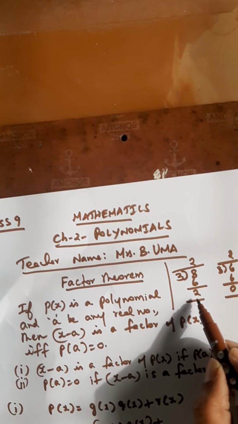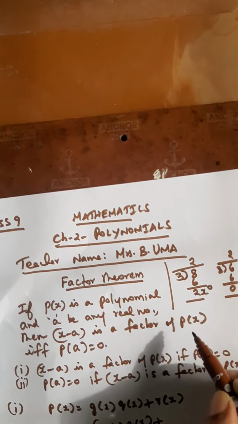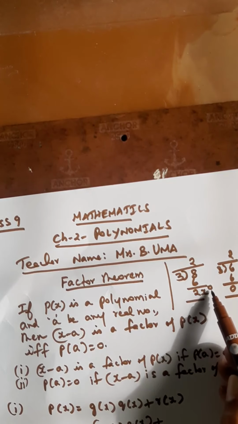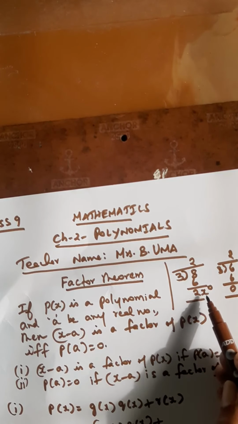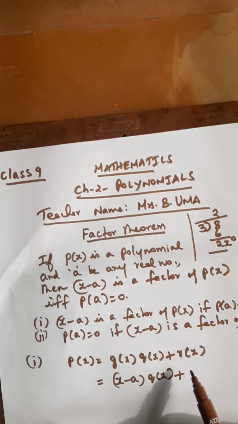See here, remainder is 2. What is its degree? X power 0. Any number raised to power of 0 is 1. So when remainder's degree is 0, then that remainder is considered to be the constant.